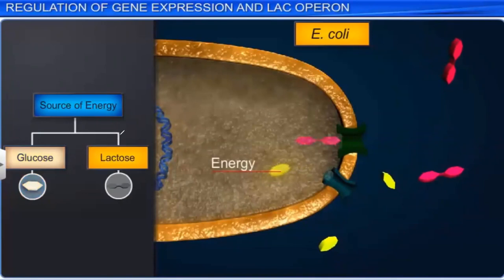That means this gene expression. What is gene expression? The regulation of when the process of transcription and translation happens is known as gene expression. Whenever we say gene expression, it means the initiation of the process of transcription, followed by translation and getting the protein ready.